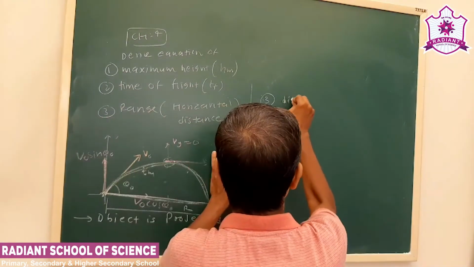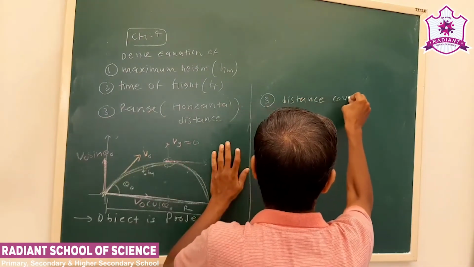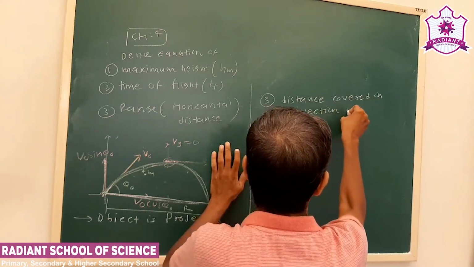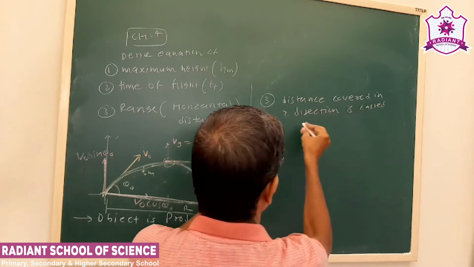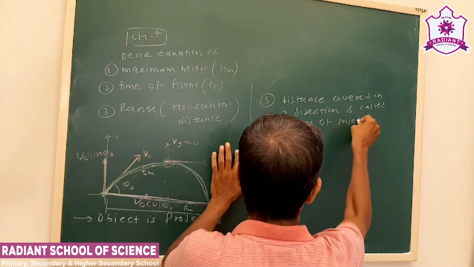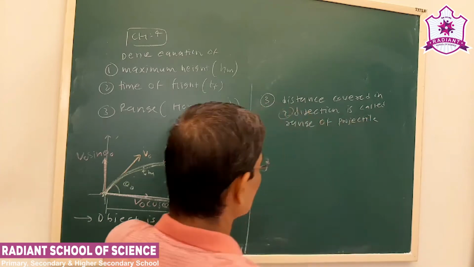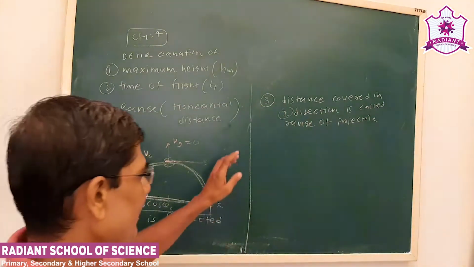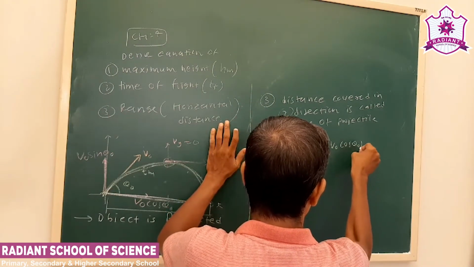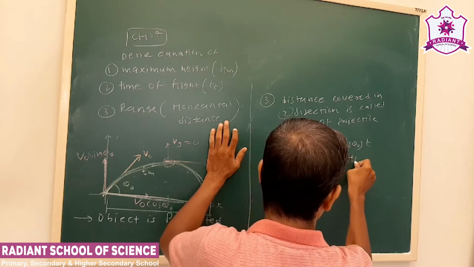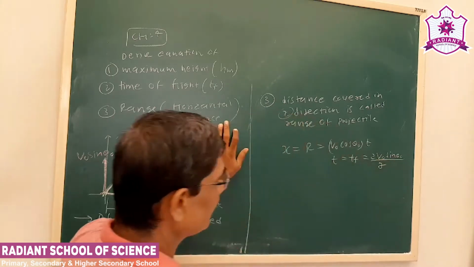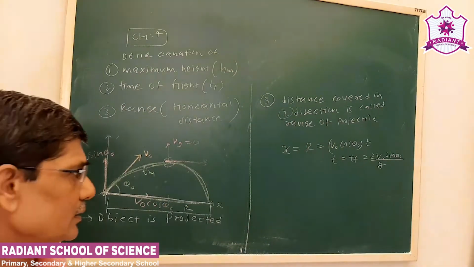So the distance covered in x direction is called the range, or horizontal distance, that is x is nothing but v0 cos theta0 into t, where t is equal to Tf, that we have obtained just now.